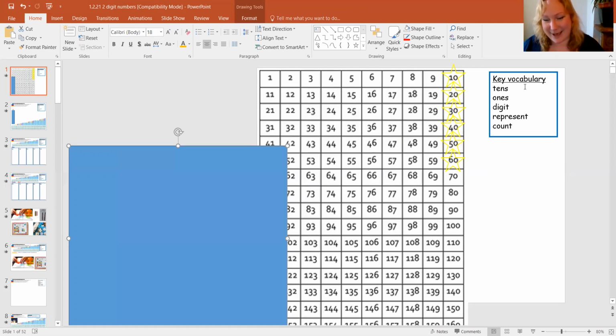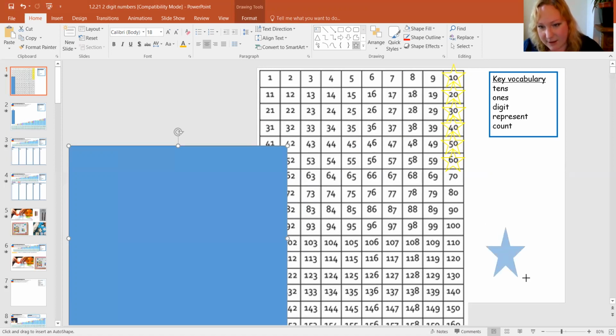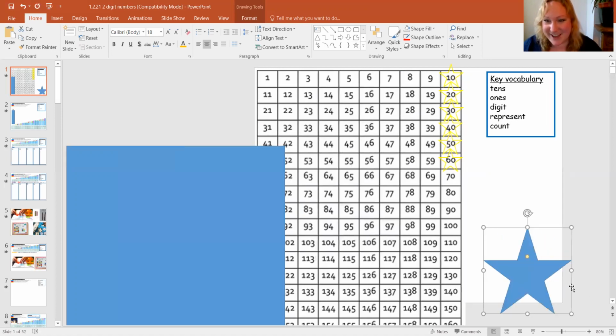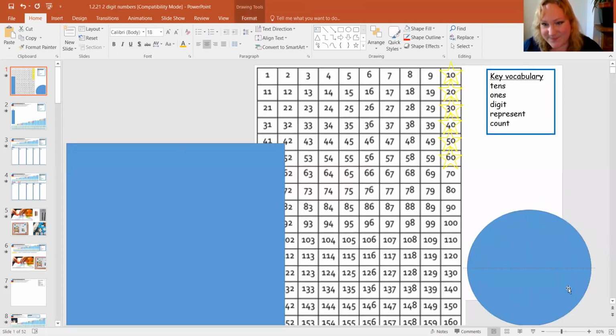Represent and count. To represent something means to show it. So if I wanted to represent a star, I might draw a star. If I wanted to represent a circle, I might draw a circle.